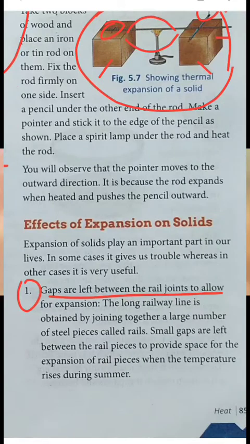In the railway track, you might have seen the joint between two railway tracks has a certain gap. That gap is provided because during the summer season, if so much heat is given by the sun, the iron rail, the track, starts expanding.